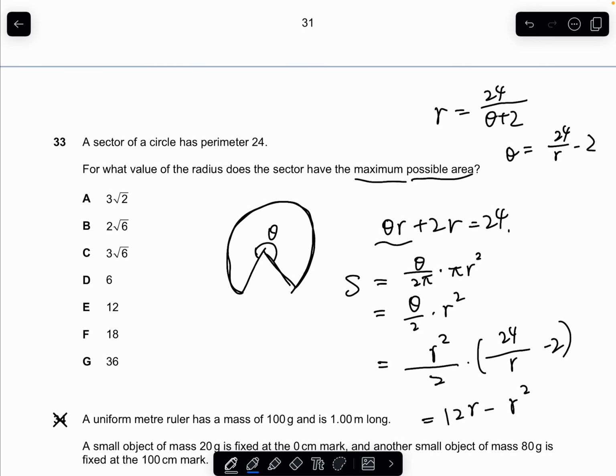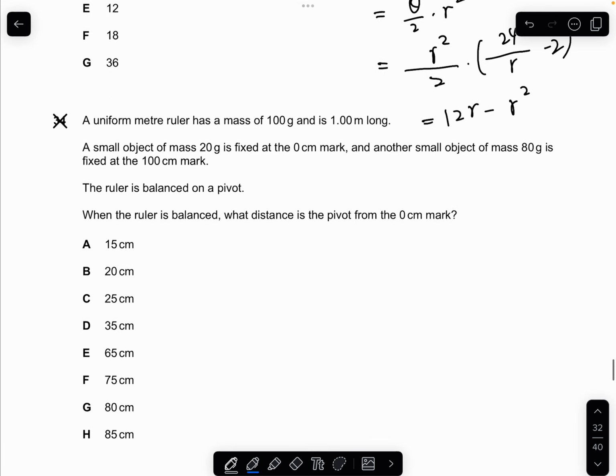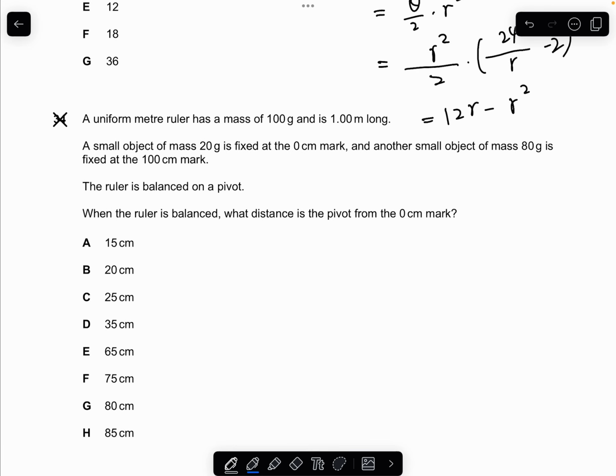Am I right? Draw the graph of it. 0 and 12. Clearly r equals 6.